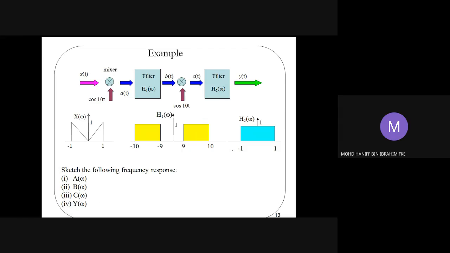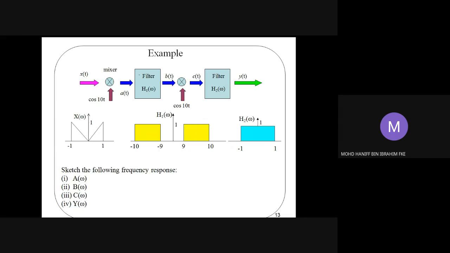We are given again about the same problem, where we have the input x(t) as cos(10t). It is about the same system configuration, but the difference is in the inputs, where you have X(ω) now given in the form of this signal, from -1 to +1 with an amplitude of 1.